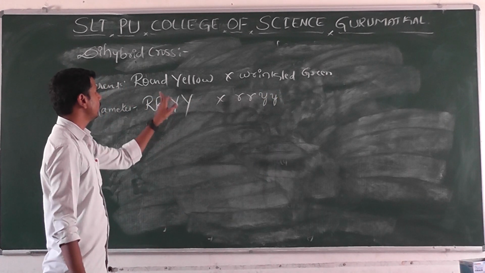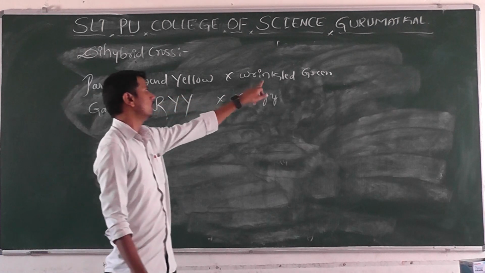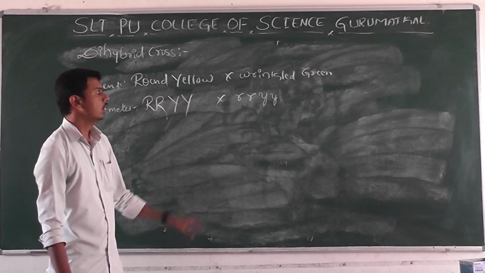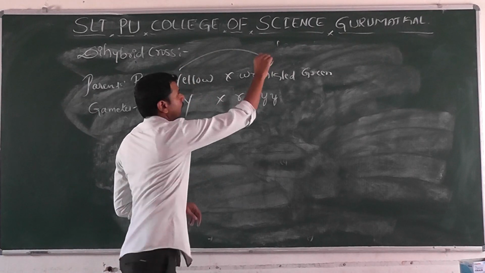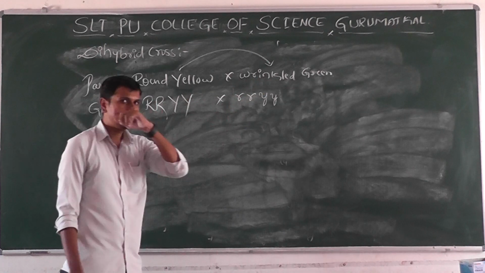Capital R for the round, capital Y for the yellow, small r for the wrinkled, and small y for the green. So that means round yellow is dominant over the wrinkled green.